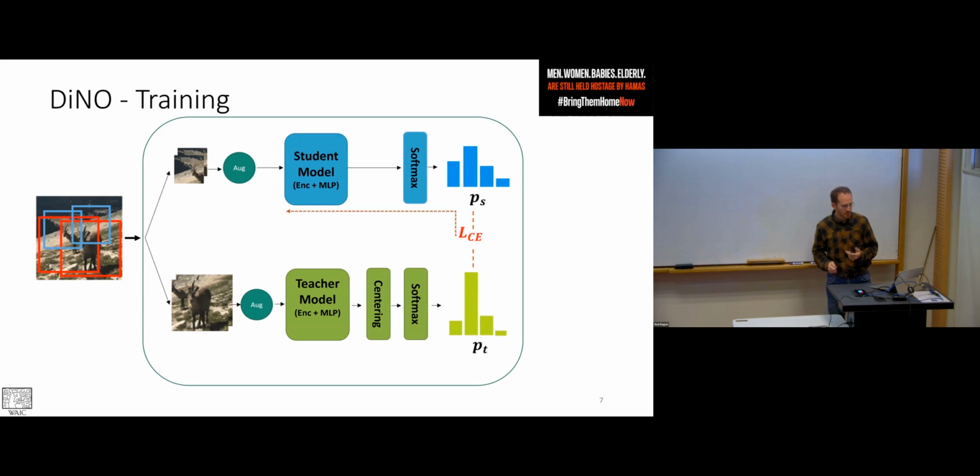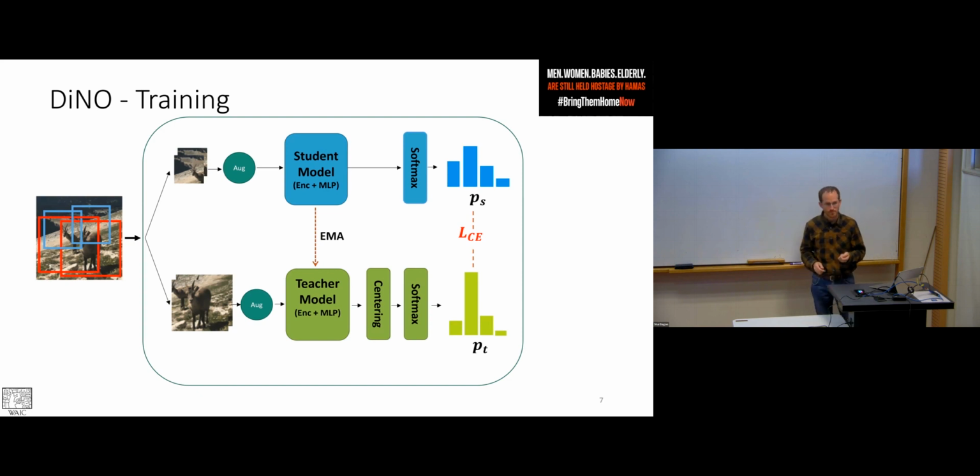We're going to propagate gradient only for the student. So the student is going to be updated in order to be able to predict the teacher's output on these labels. And we are going to update the weights of the teacher by taking an exponential moving average over the weights of the student.